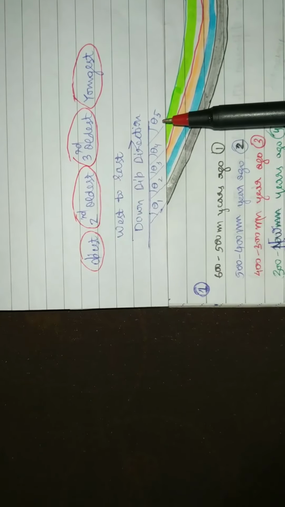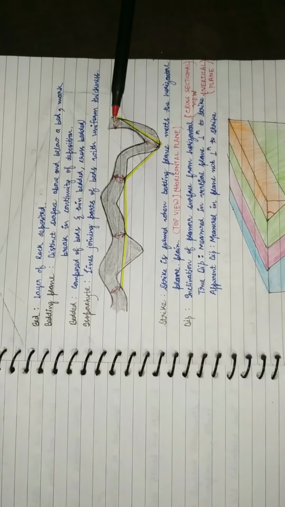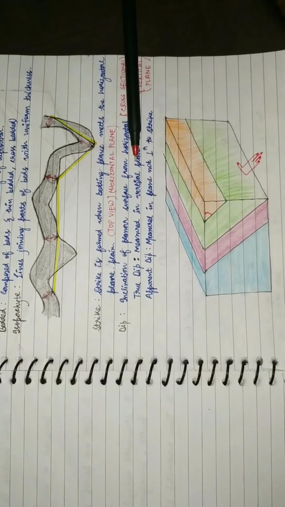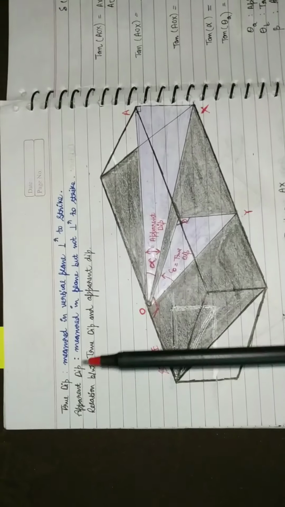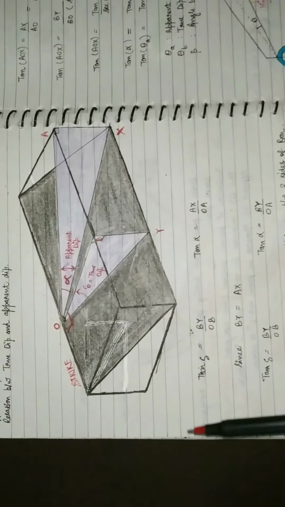That's all. So we discussed bed, bedding plane, bedded, what is isopachite, right? We discussed strike, dip, right? We discussed what is true dip, what is apparent dip, and what is the relation between the true dip and apparent dip.